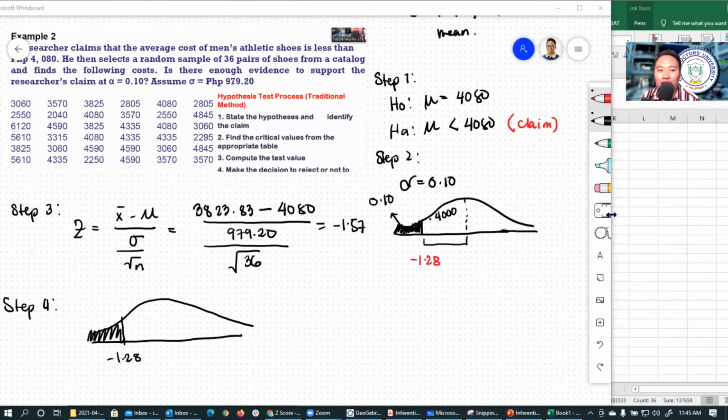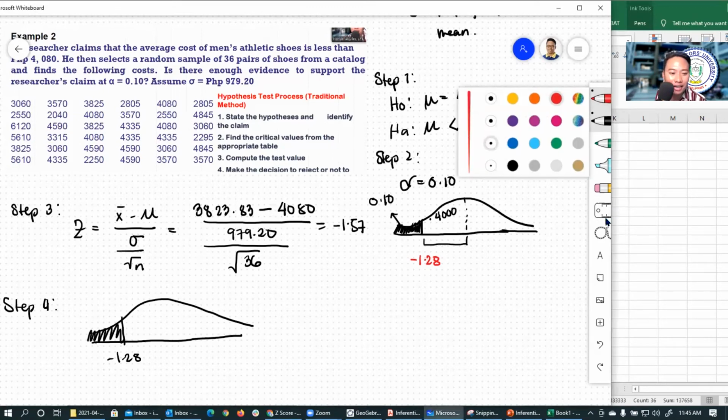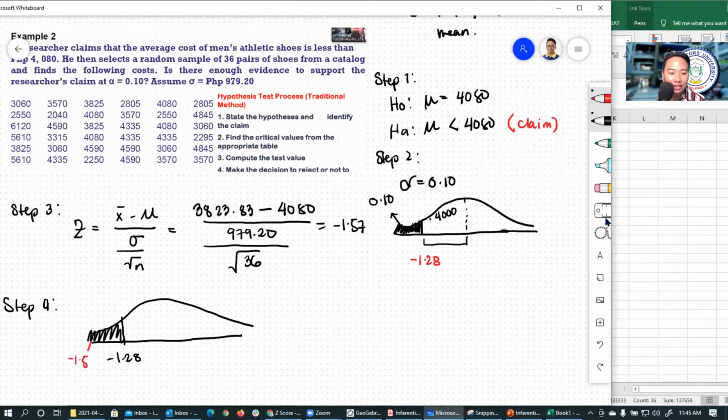Good. So do we reject or accept? So the negative 1.57, guys, is somewhere here. In other words, that number belongs to the rejection area.